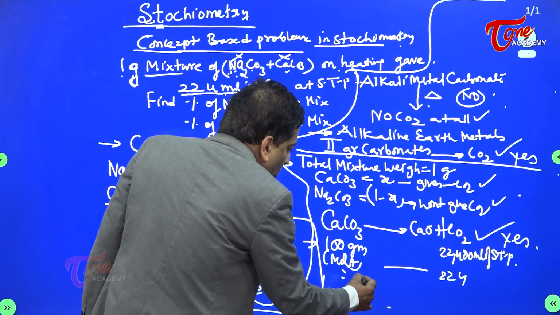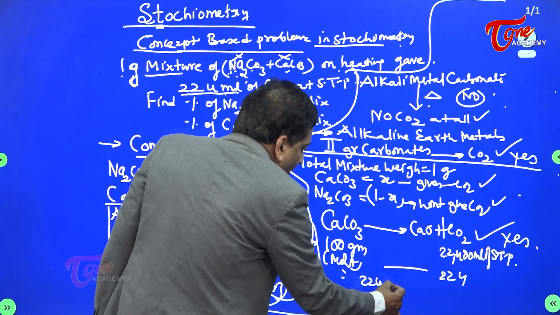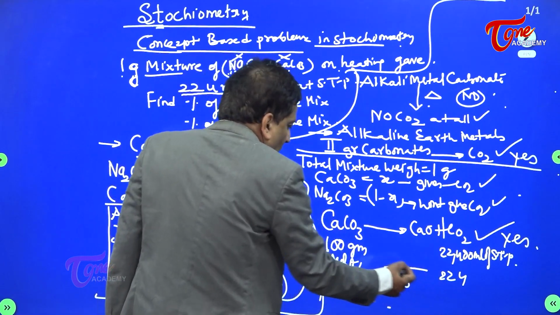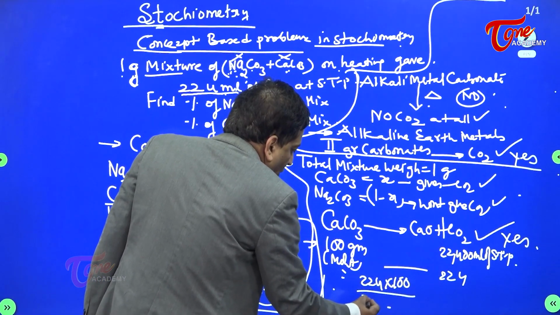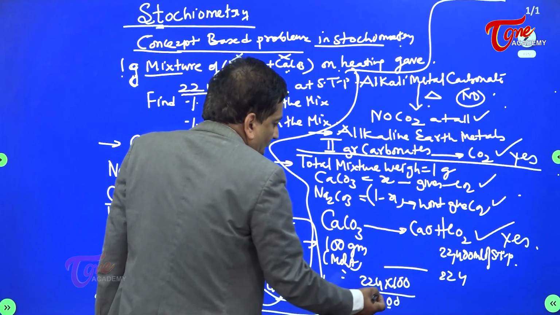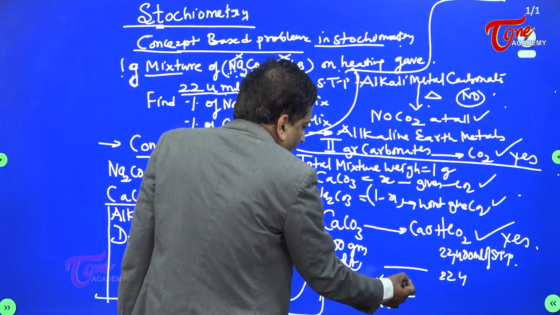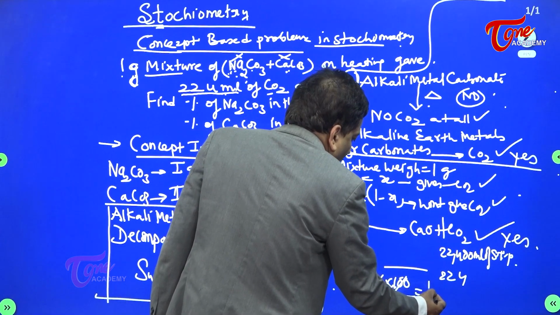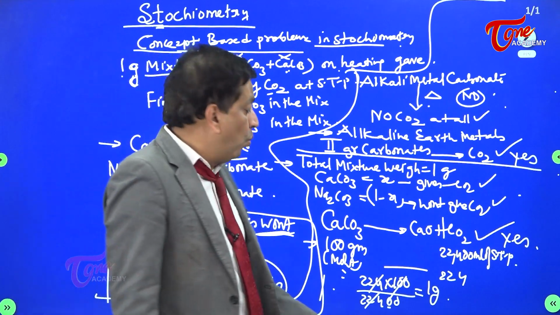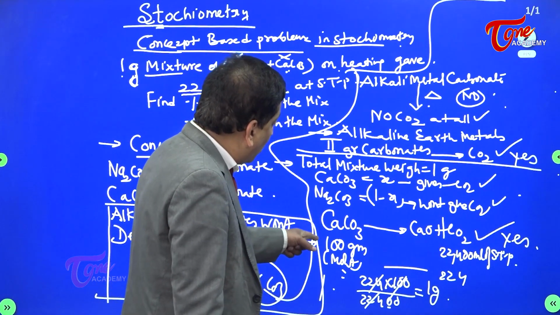That will be equal to 224 into 100 by 22,400. Cancel it off, 100 cancels. Then you get 1 gram. So the weight of the calcium carbonate is X.